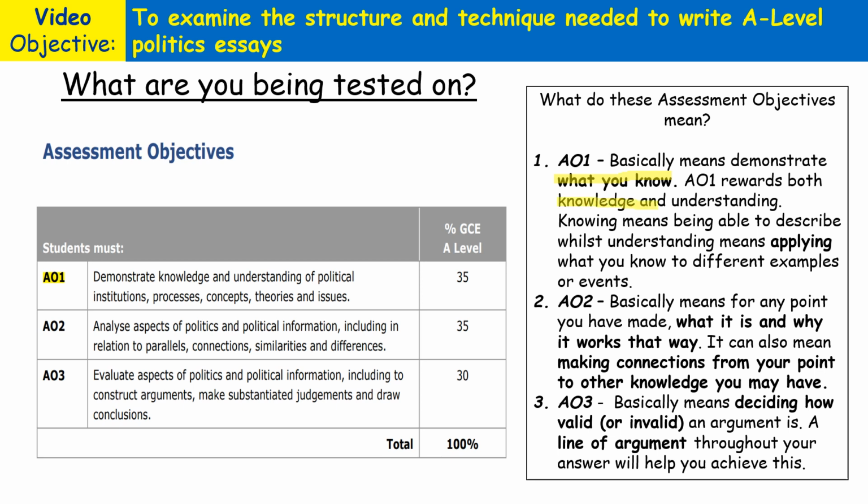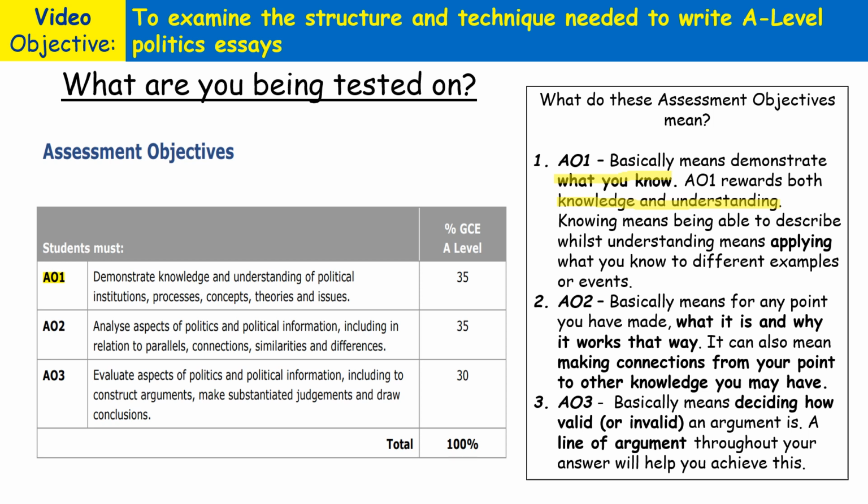So you can't really gain that many marks by just showing some knowledge, so throwing in some facts or statistics or names of political individuals or institutions. You need to be able to show the marker you have an understanding about what you're being assessed on in the question.